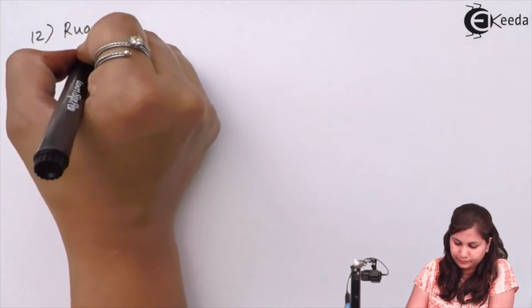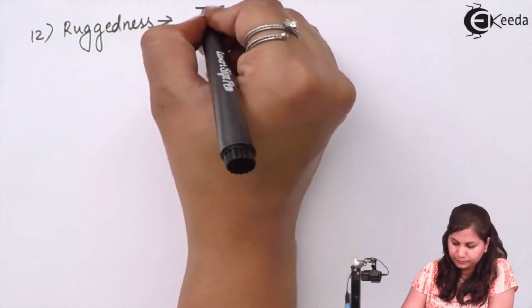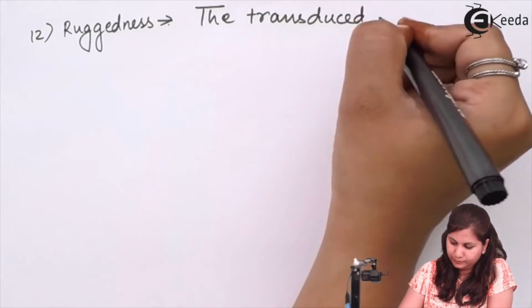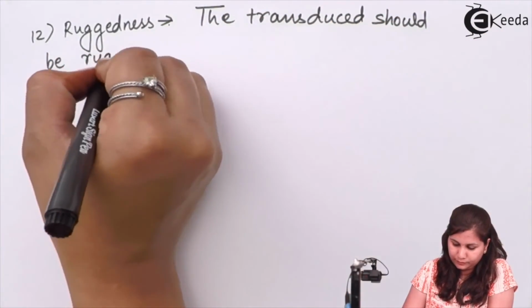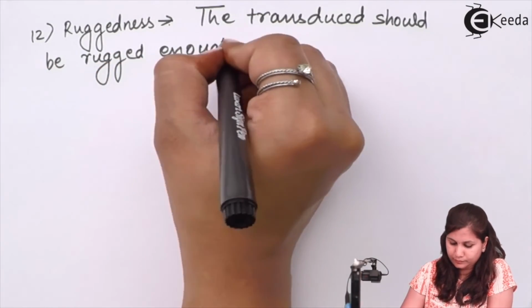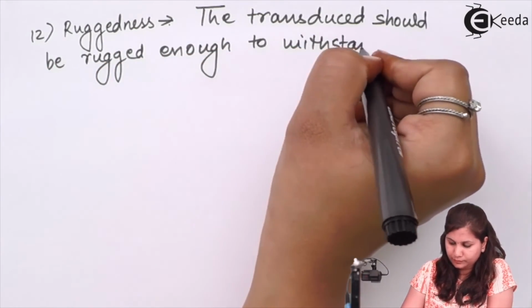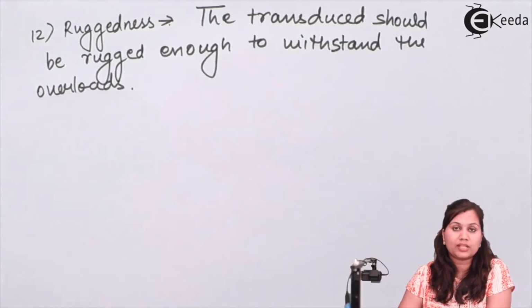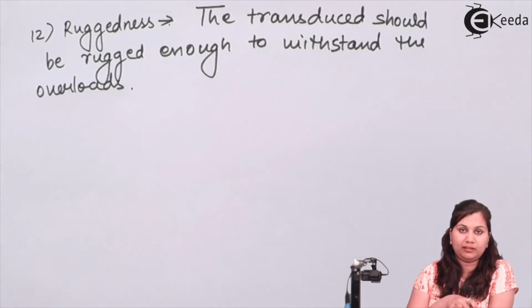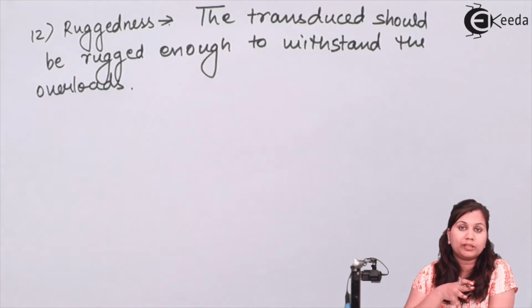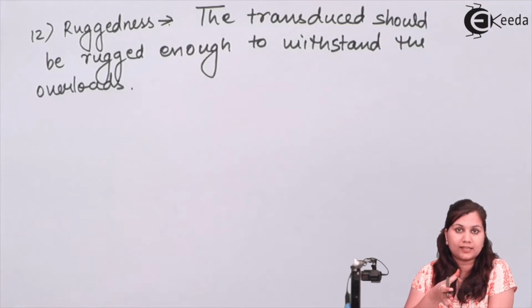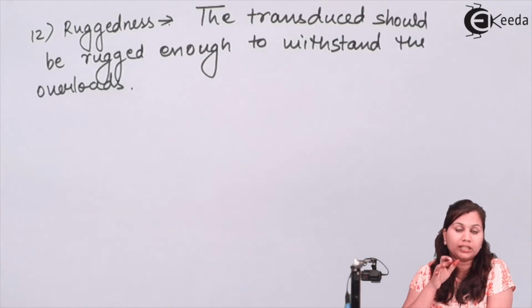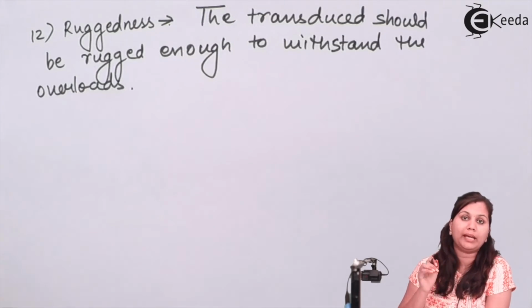Next is rigidness. Now, if a transducer is used in an application where overloading is done, meaning the input is exceeding its rated value, then even under that overloading condition the transducer should be accurate enough.